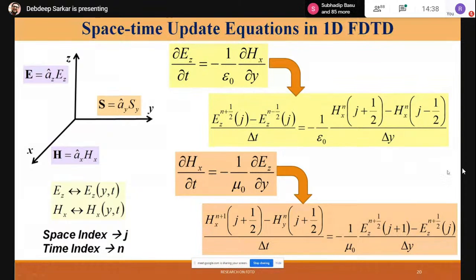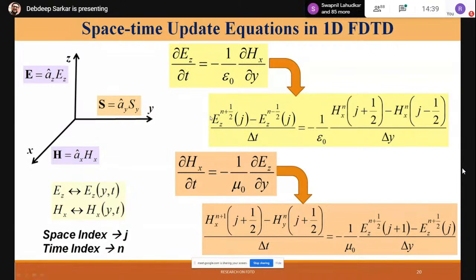So the way we go forward is, we know that y and t are the two governing variables in our case. So we change the space index to j and the time index to n. Now if you look into this equation and use simple forward difference rules to discretize both sides, it should not be too taxing to understand that you now have Ez differentiated with respect to time.